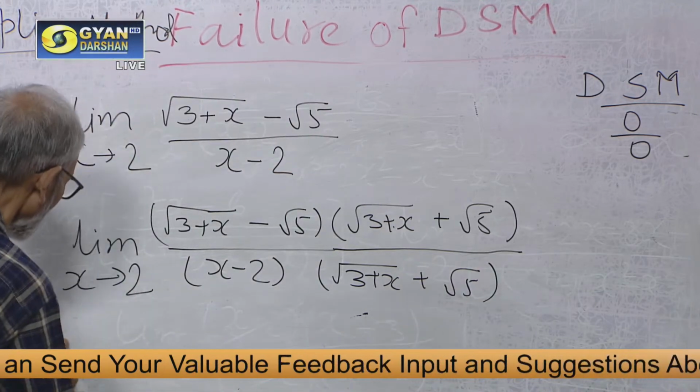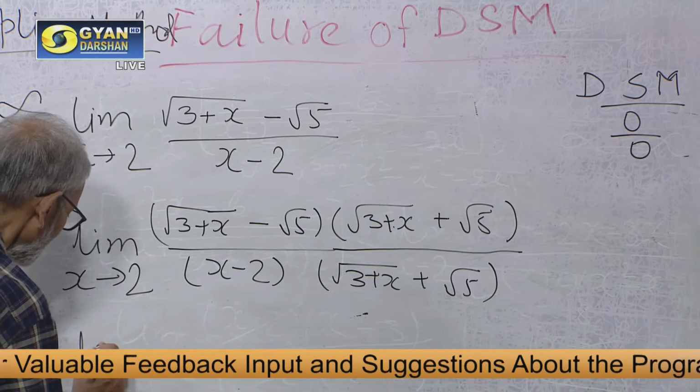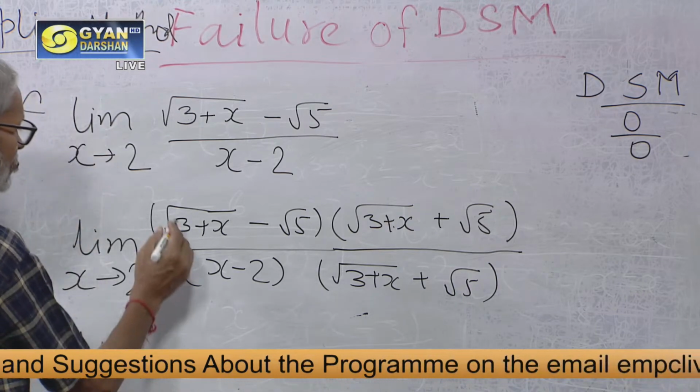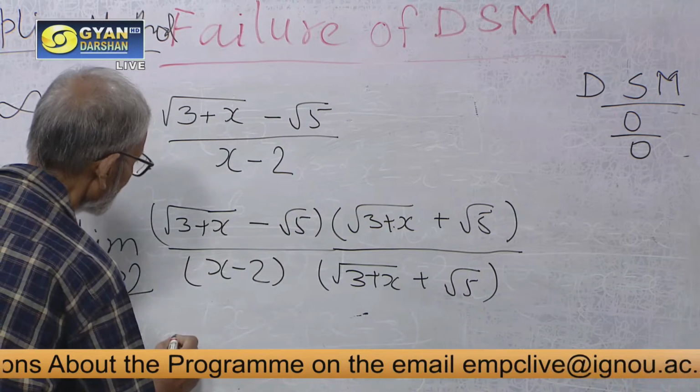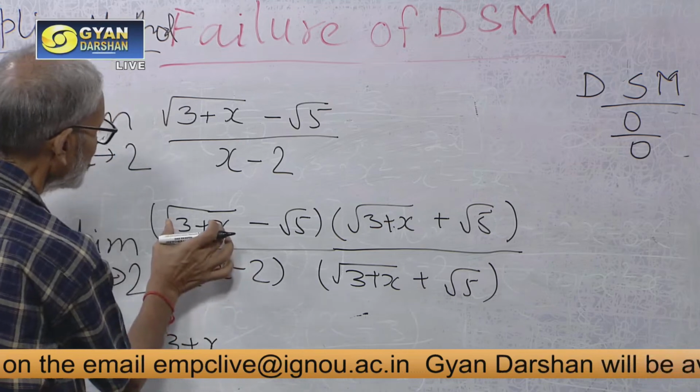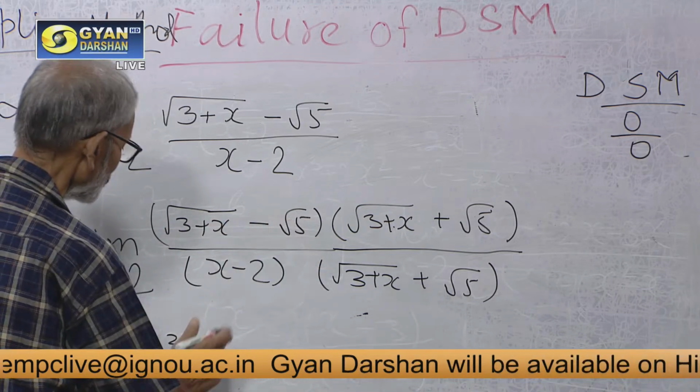Okay. Now this will be equal to limit x tends to 2, 3 plus x, because this square minus this square.